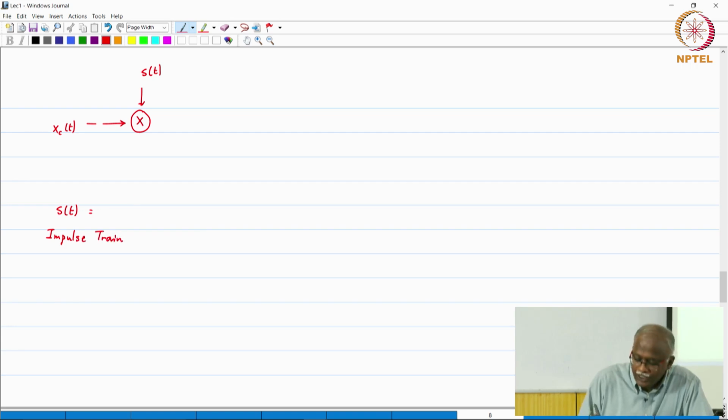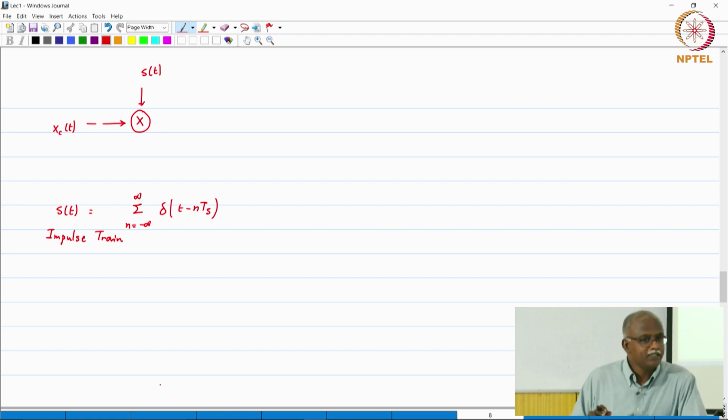Okay, this would be the summation for n equal to minus infinity to infinity of delta of t minus nTs. Keep in mind that this is not your discrete time delta function. This is the Dirac delta, because I am operating on a continuous time signal.